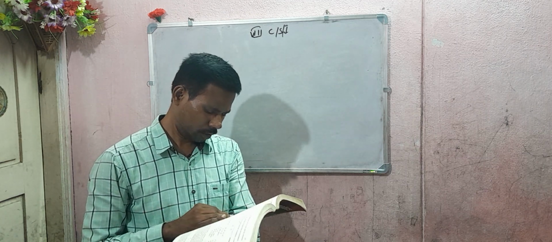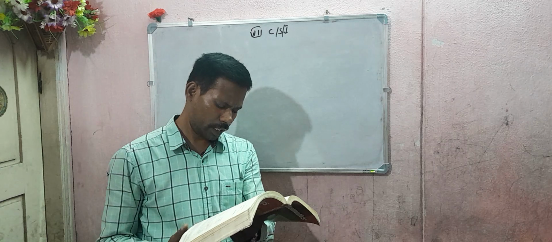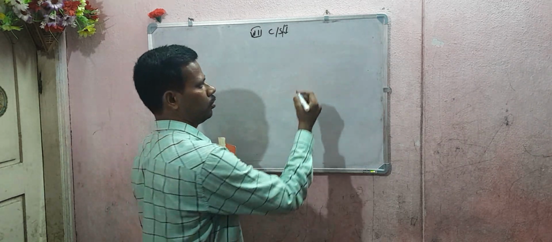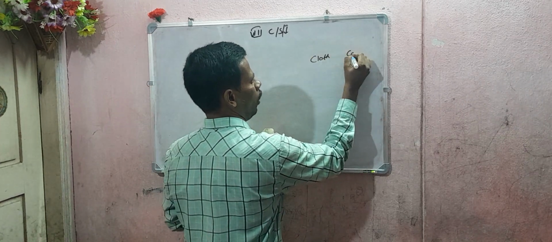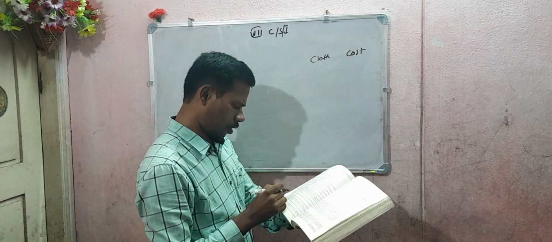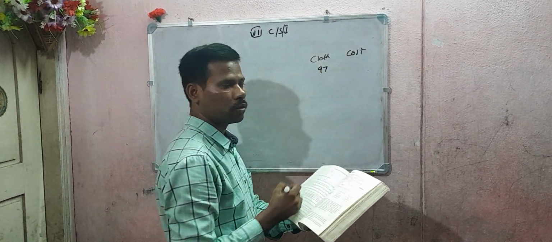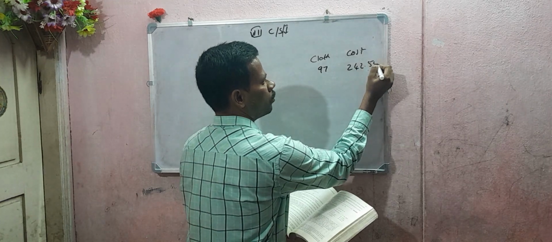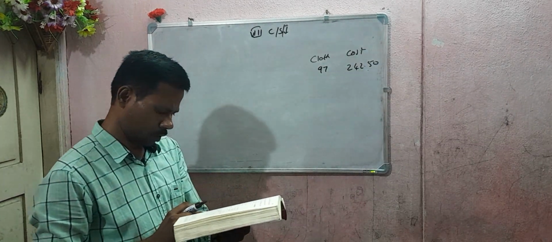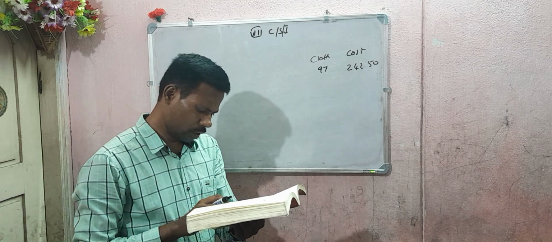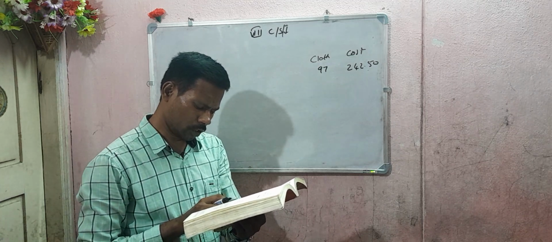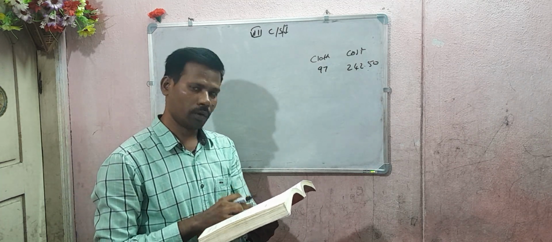Last problem is: the cost of 97 meters of cloth is 242.50. What length of this can be purchased for 302.50?